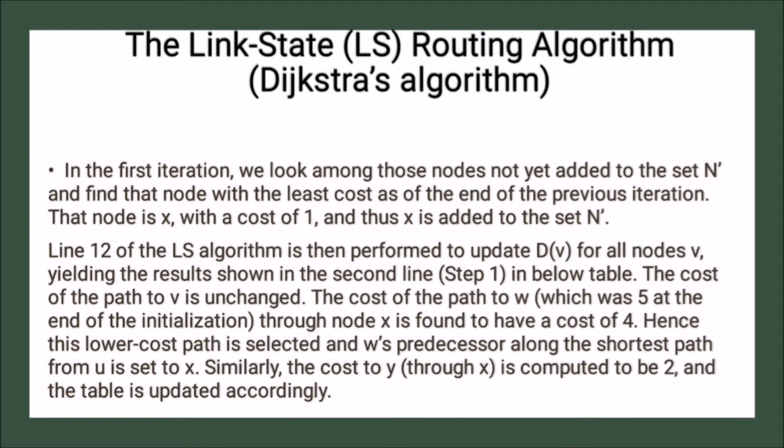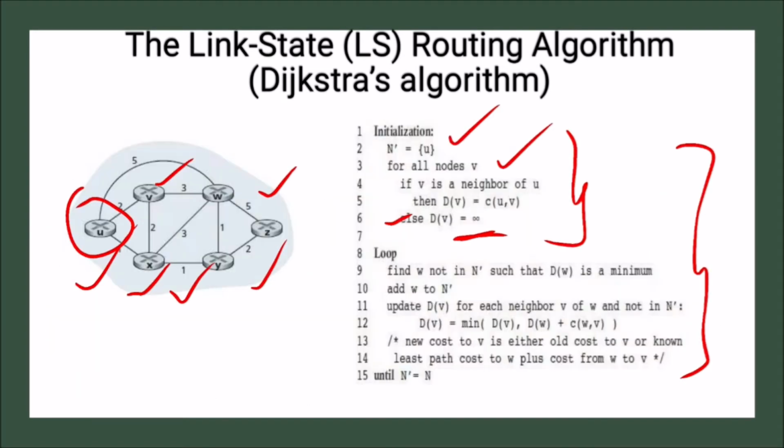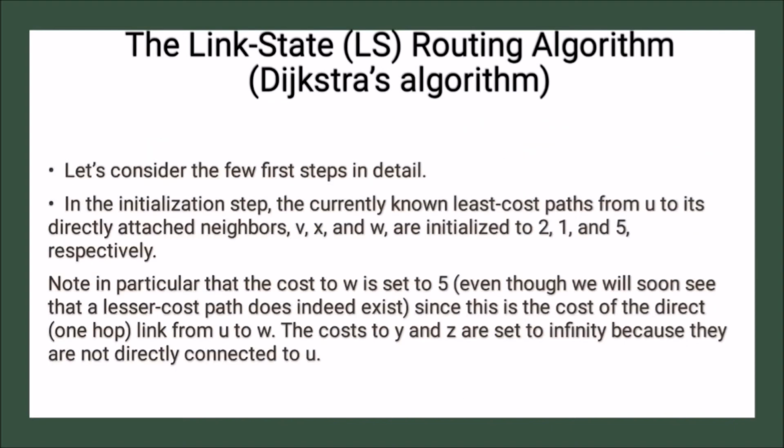Now let us understand the algorithm again. Find W not in N' such that D(W) is a minimum, add W to N', and update D(V) for each neighbor V of W and not in N'. So D(V) is equal to the minimum of D(V) and D(W) plus C(W,V), until N' is equal to N. Let us understand this algorithm by example, considering the first few steps in detail.